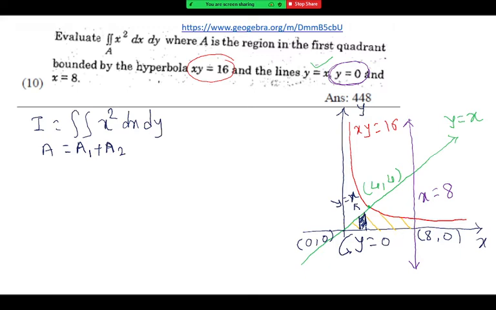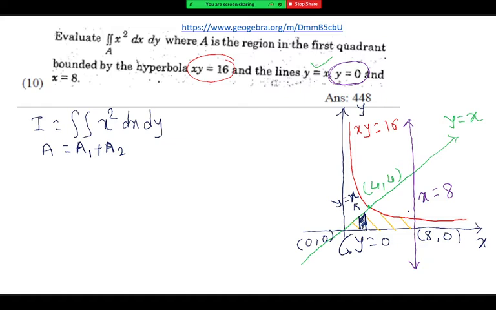But there is a very important part that you will observe on the upper end of the strip. When we move from 0 to 8, the upper end will vary on the straight line first up to a certain point, and after that it changes the curve, and because of that there is a need to divide the region into two parts.